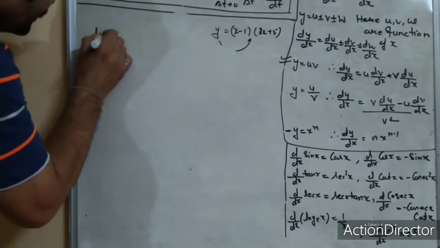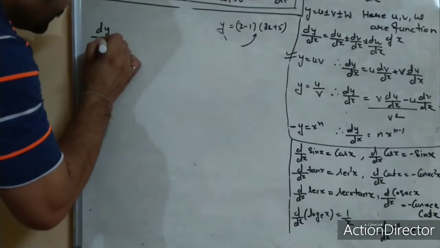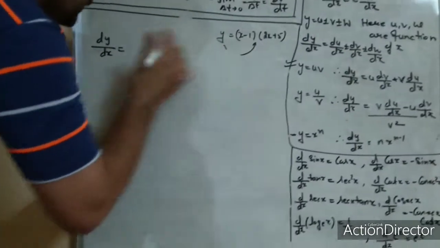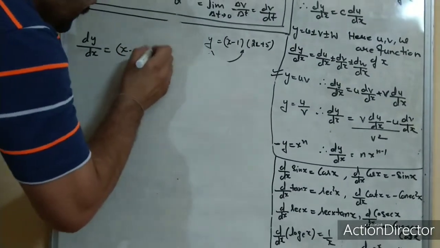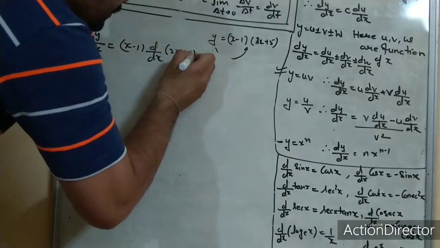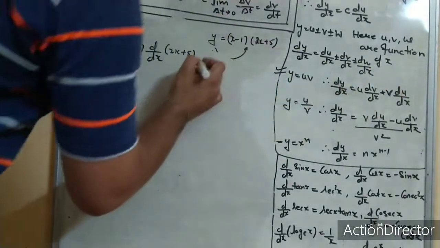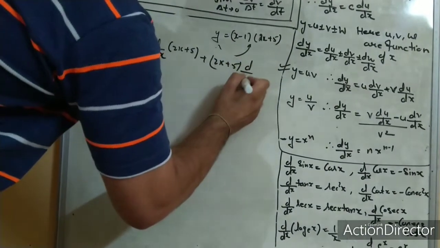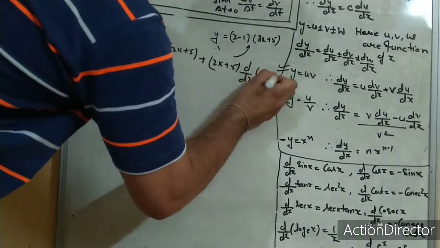The differentiation of dy upon dx will be first function u as it is, differentiation of 2x plus 5, and then plus second as it is, 2x plus 5 as it is, differentiation of x minus 1.